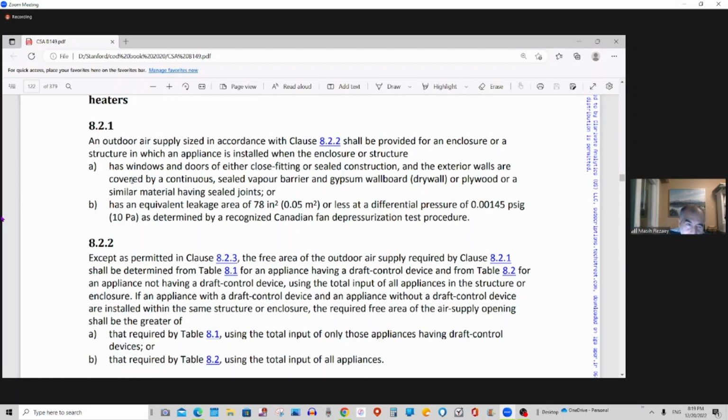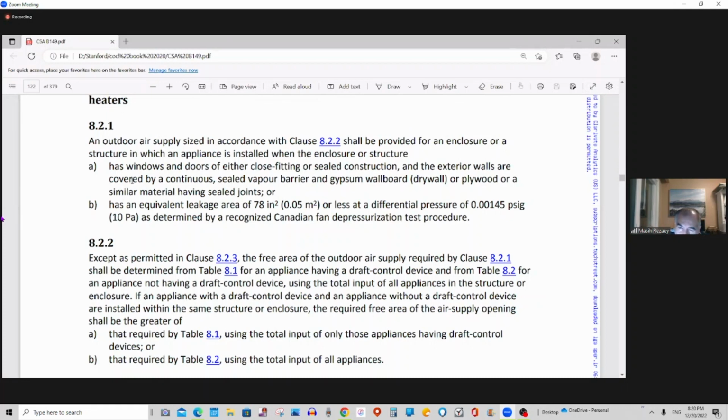Okay, this one says if you have a structure, we put the doors and windows in and seal them, put caulking all around, and the walls, you put plywood, insulation, drywall, and all been sealed, okay?